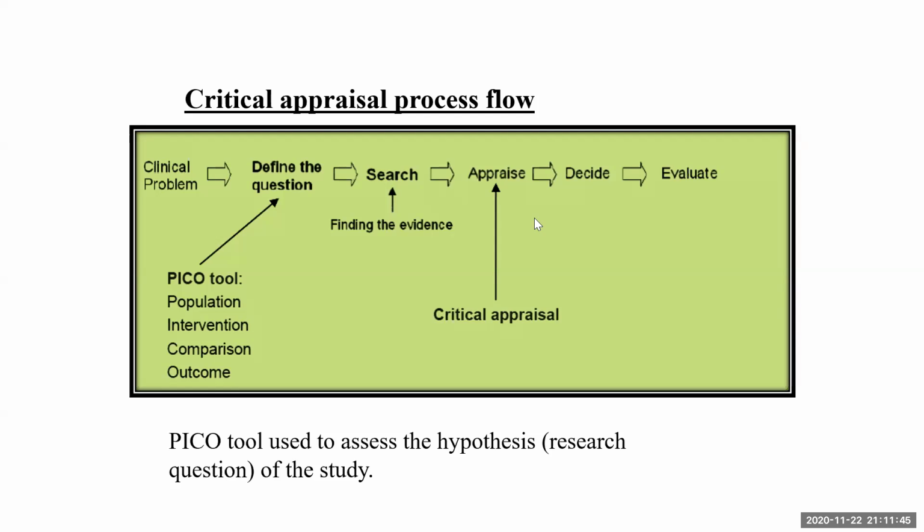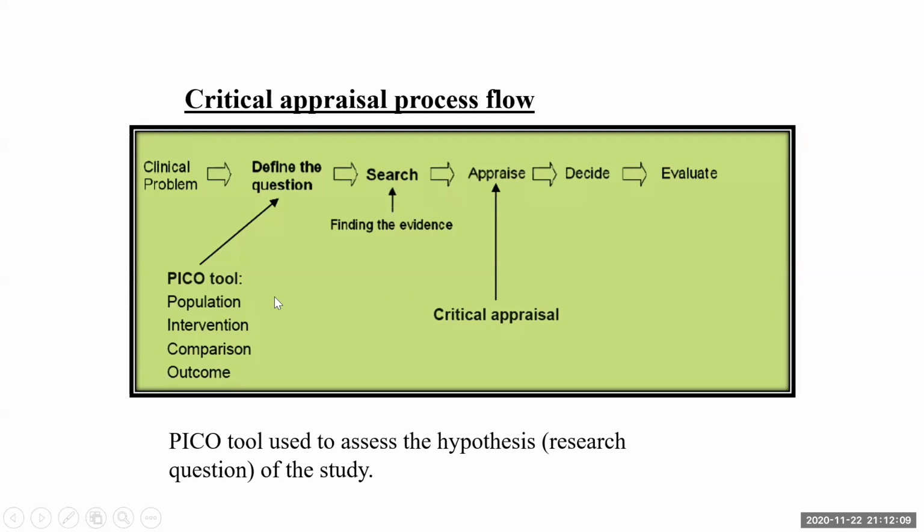So in order to answer this clinical problem, we should formulate a question. The question of the clinical problem should follow a specific tool called PICO, which refers to population, intervention, comparison, and outcome.